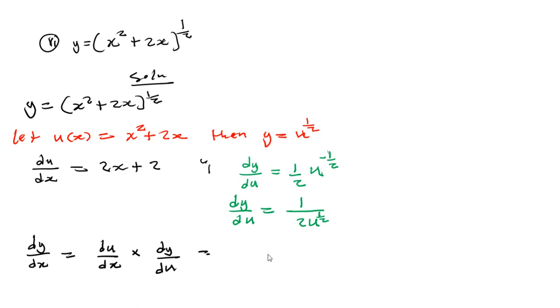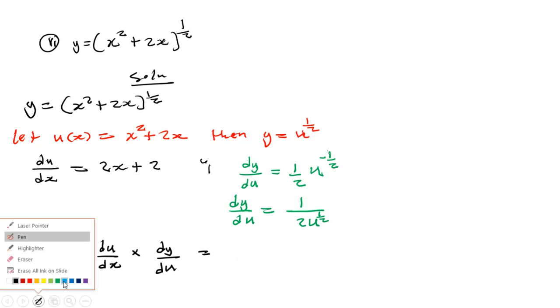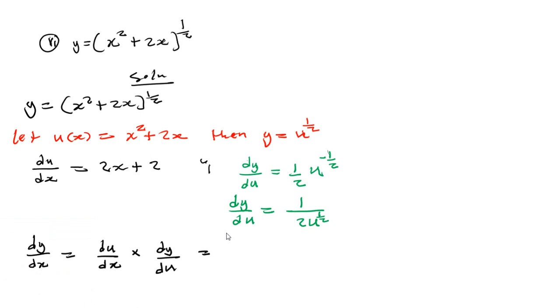So you can easily multiply this by that. You are going to have 2x plus 2, which is du/dx, multiplied by 1 over 2.